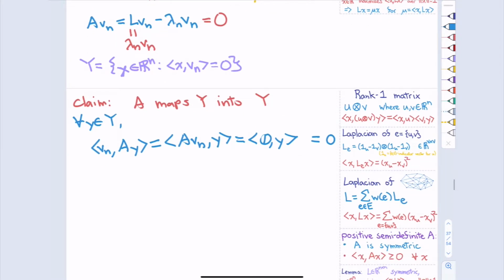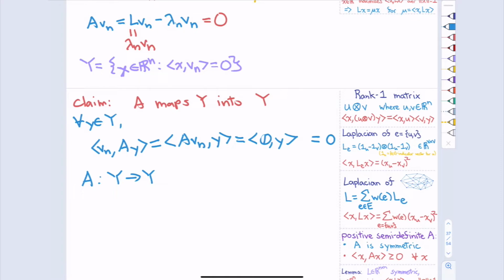So at some level, I can look at A restricted as a map from Y to Y. Inside Y, it's still a symmetric linear map. But Y now officially has one dimension less than the original space. Now I can properly do my induction argument.